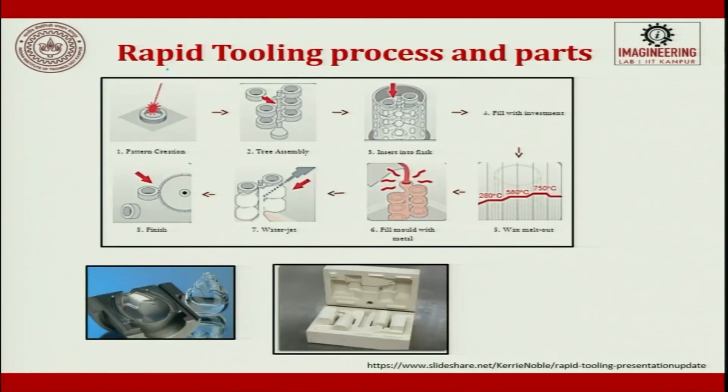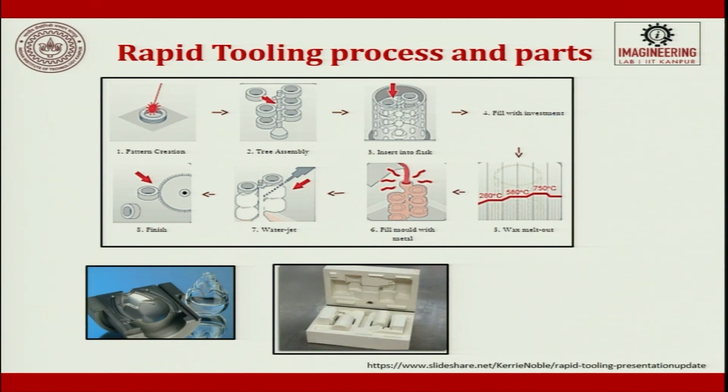You see here the rapid tooling process and how it is used to develop parts. The pattern creation happens through a laser, then the tree assembly is done. After the tree assembly, we insert it into a flask or container where there is a ceramic slurry. Then we fill with investment. Then we melt the wax.